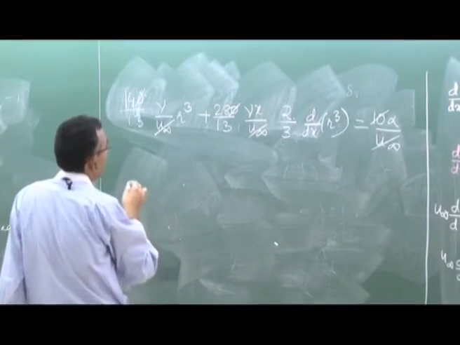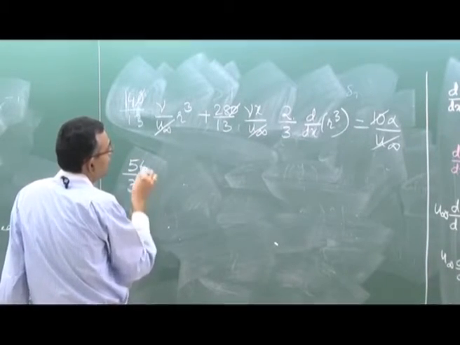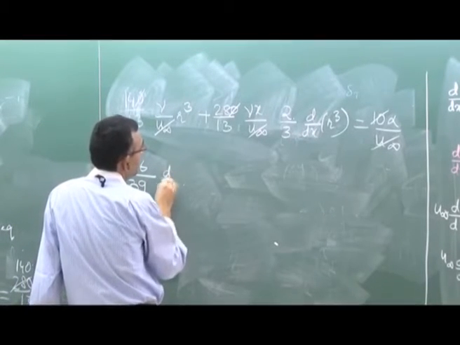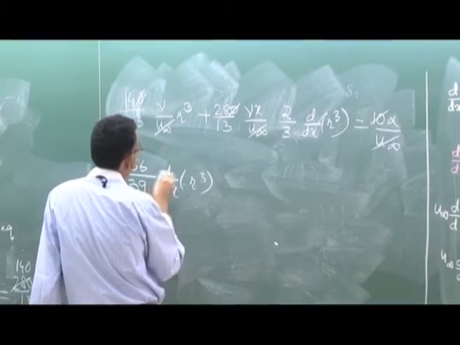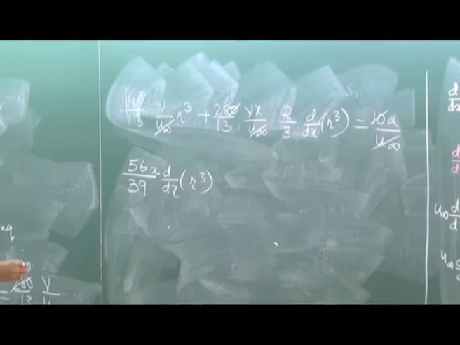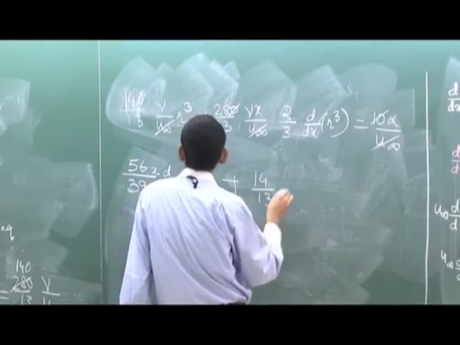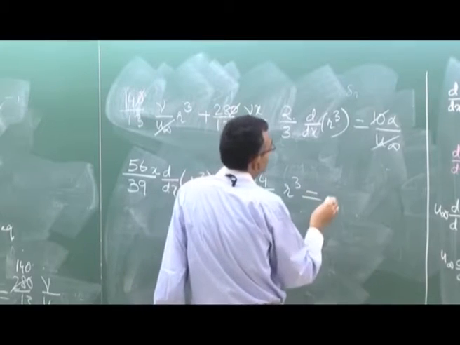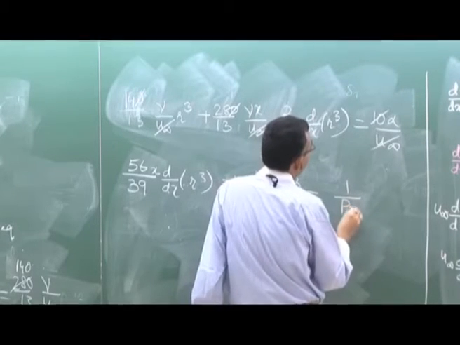So 56 by 39 d dx of r cube, 56x by 39 d dx of r cube plus 14 by 13 r cube is equal to 1 by Prandtl number.